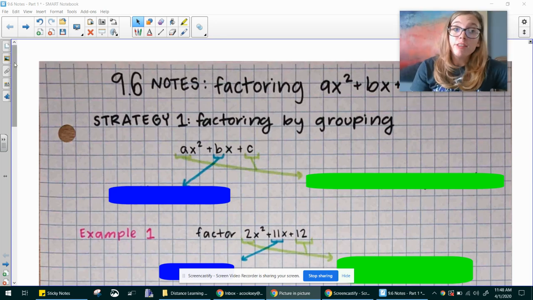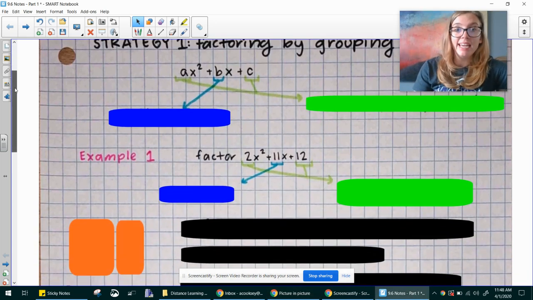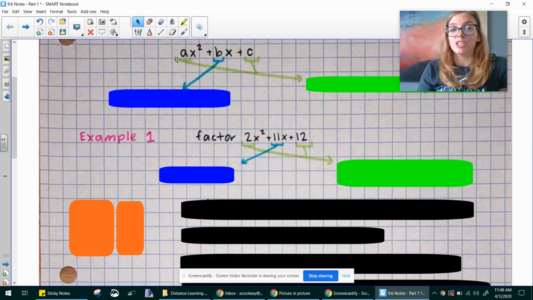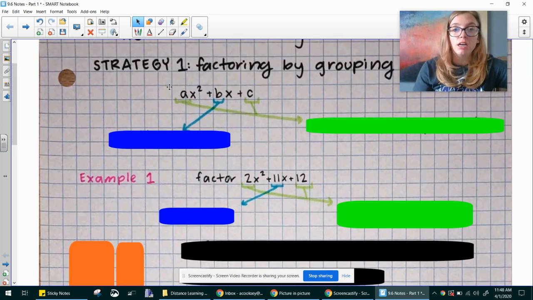So the first thing that we need to look at is our equation in standard form. ax² plus bx plus c. Just like when we factored without this a, we are going to have an adding number and a multiplying number.